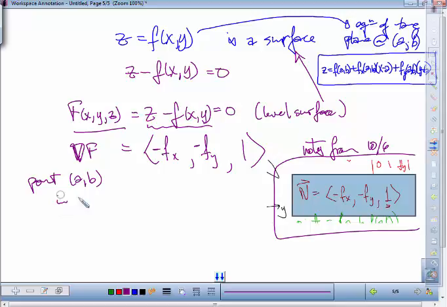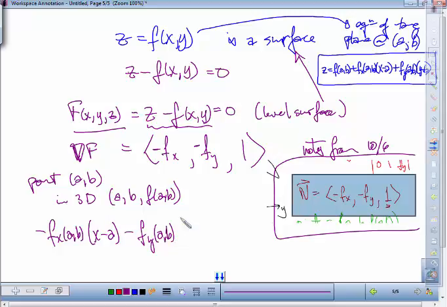So in 3D, we have the point A, B, and instead of C, it'll be f of A, B. So if we go through the process, we would have fx, we'll put negative if you want, x minus a, minus fy, y minus b, minus, well, that would be a plus 1, z minus c, equals 0.